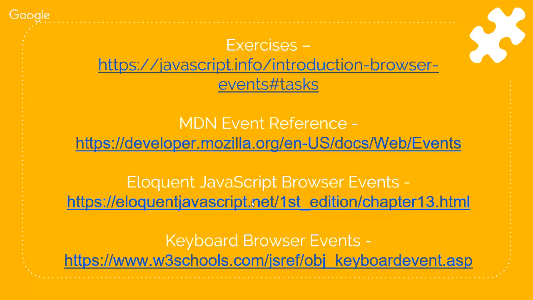The second one is the MDN event reference, which includes all the properties and methods that every object has. The third one is an extract from the famous book Eloquent JavaScript. You may have heard about that one, and it deals with browser events.